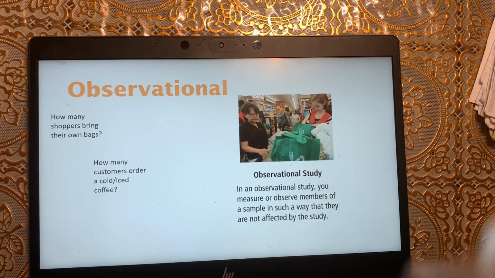When they order cold iced coffee, you just tally. This is an observational study. How many times do students get on their cell phone during class? Without their knowledge, the teacher can have a tally beside him or her and then tally it. So this is called observational study.